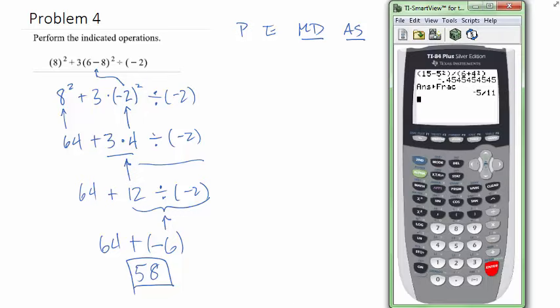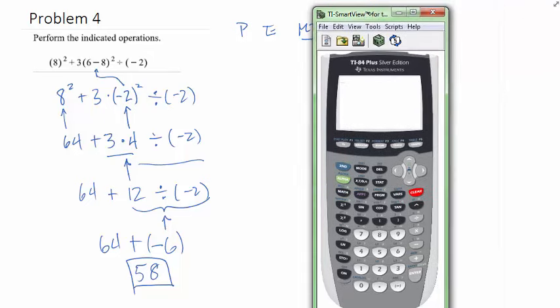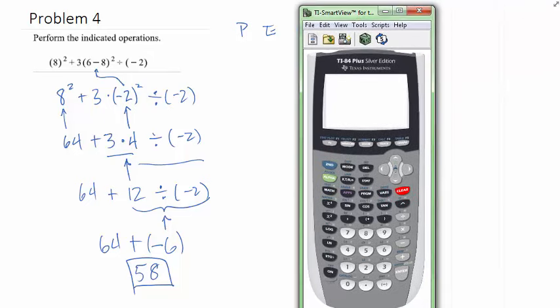Now this one might be easy to put into the calculator because we're just going in order. Parentheses aren't necessary, but if you put parentheses there, it doesn't matter. We'll square that. Oops, that's negative. Let's try it again. That's squared.